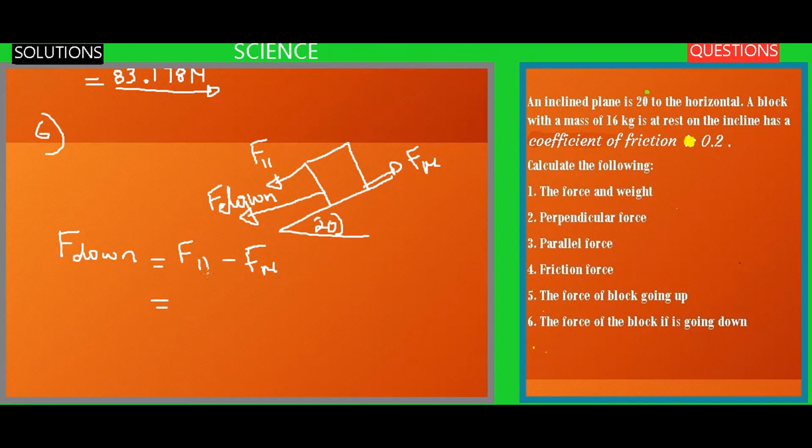So for the motion, the parallel force is 53.68 and the friction force is 29.5. So it becomes smaller if it goes down, because the parallel force helps the motion go down. So we have something like this as we calculate.